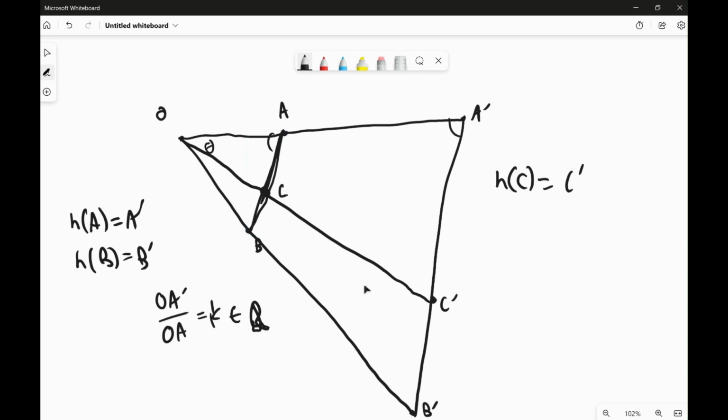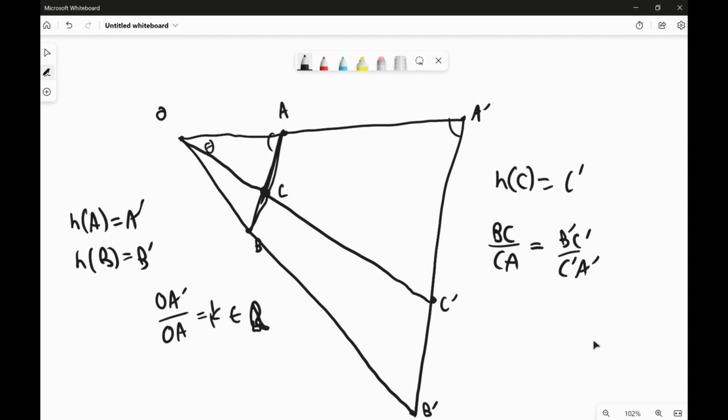These triangles end up being similar because of the parallel lines, OCB and OC prime B prime, implying that OC over OC prime is equal to OB over OB prime, which ends up being 1 over K. And also, BC over CA is equal to B prime C prime over C prime A prime, because BC over B prime C prime is equal to OC over OC prime, which ends up being CA over C prime A prime, because this triangle and this triangle are similar, and this triangle and this triangle here are similar.